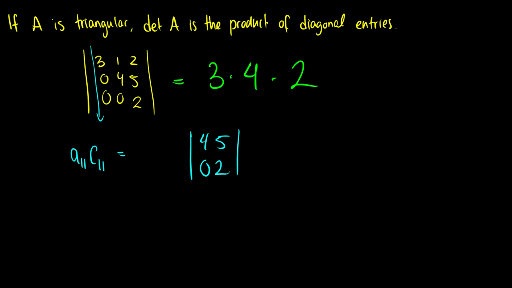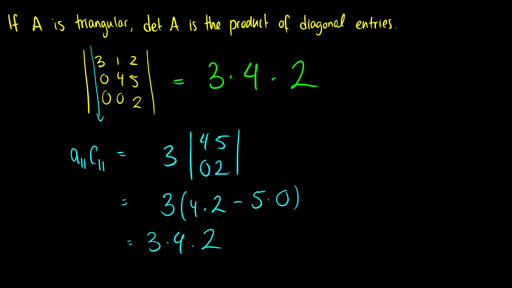So this is just equal to 3 times the determinant of 4, 5, 0, 2. And again, what's the determinant of 4, 5, 0, 2? Well, this is just going to be 4 times 2 minus 5 times 0. So this is equal to 3 times 4 times 2. So this was not a full proof of this. This was just an example that shows the proof to be true.